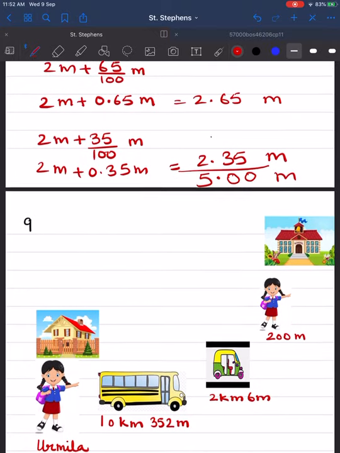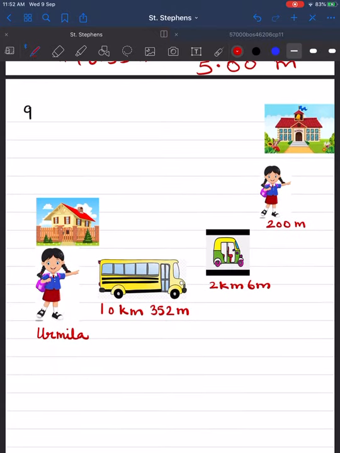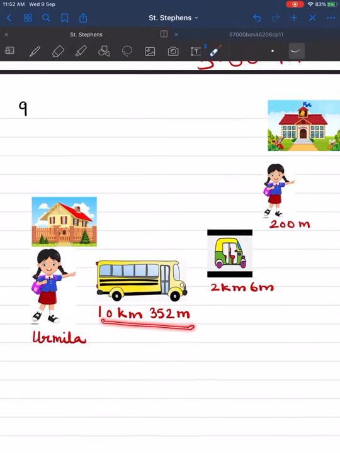Now let's do question 9. Now here Urmila traveled 10 kilometers 352 meters by bus, 2 kilometers 6 meters by auto rickshaw, and 200 meters on foot in order to reach her school. Now we have to find out how far is her school from her residence. So we have to add all the distances.